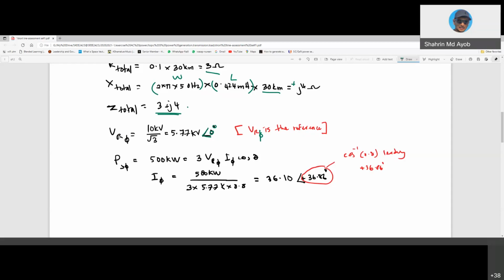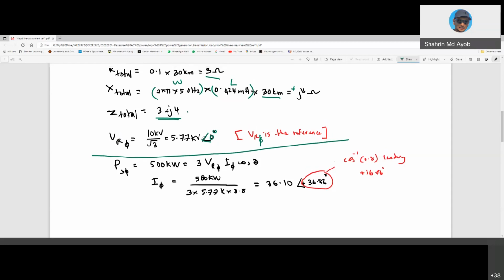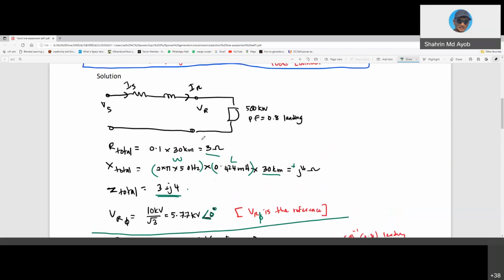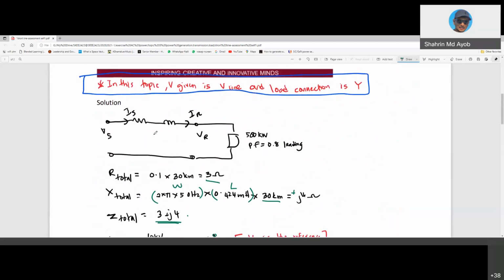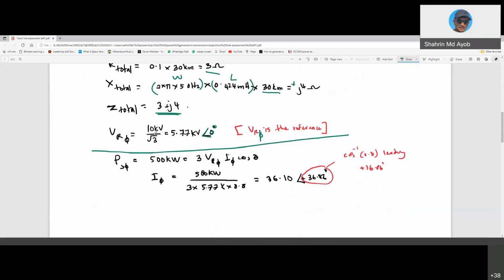I think this is the fundamental information that you need to calculate first before we proceed with the next step, which is the current. After you have obtained the total impedance and the phase voltage, the next is to answer the question, which is the current.